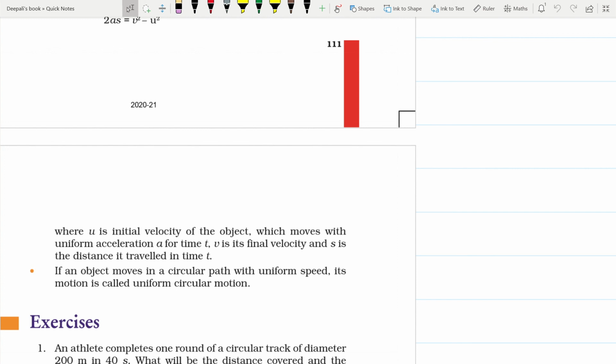If an object moves in a circular path with uniform speed, its motion is called uniform circular motion. So, we end the chapter here.